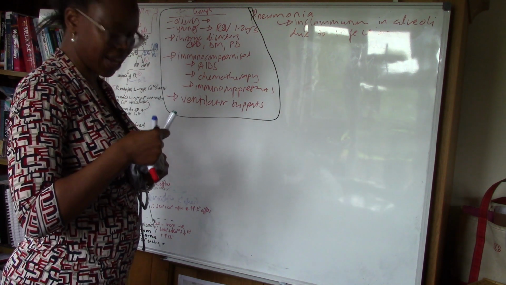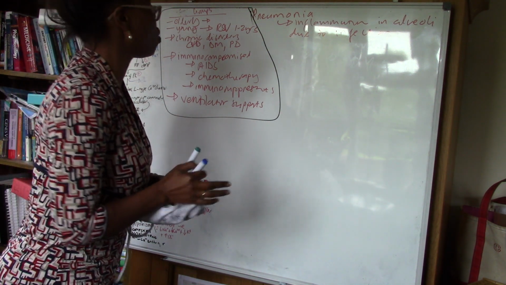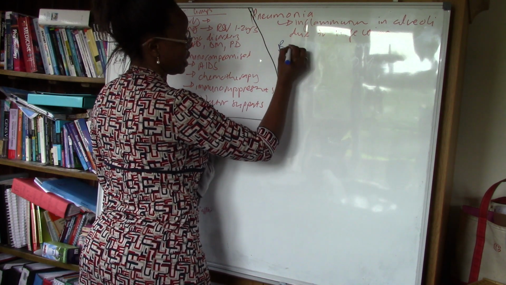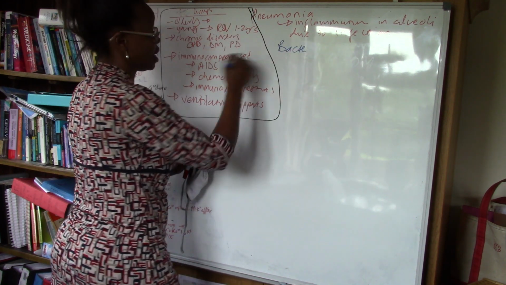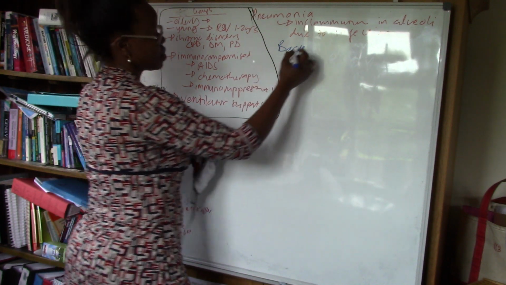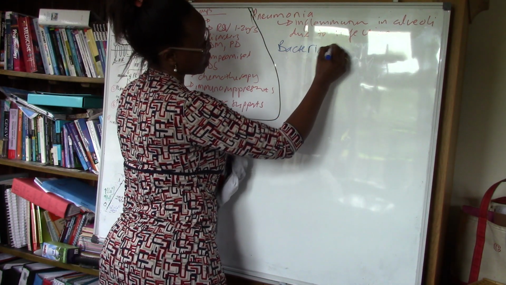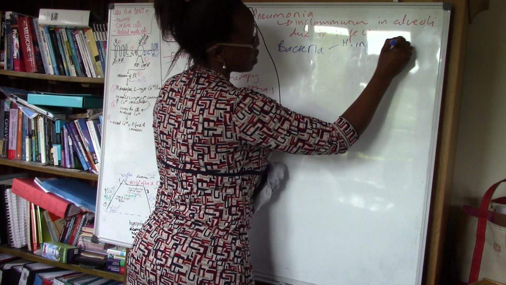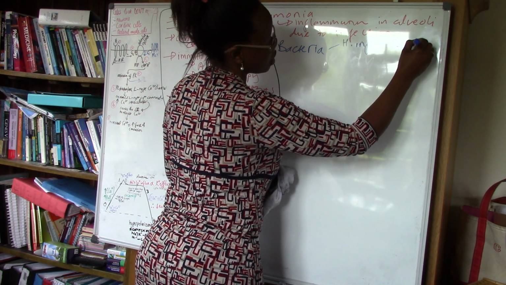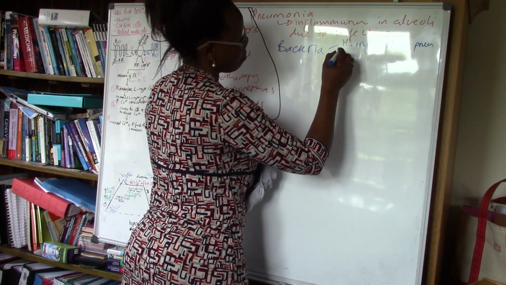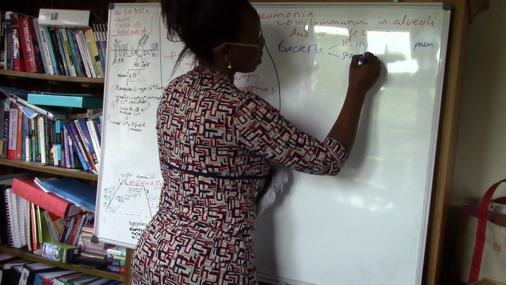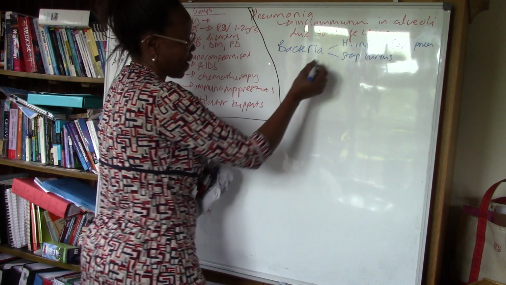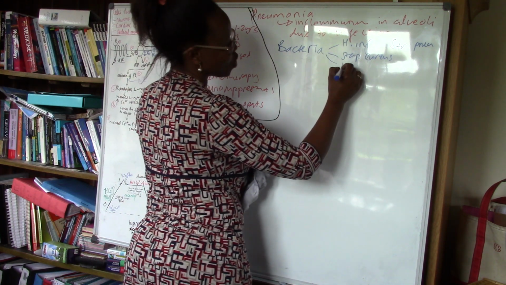So the causative agents that cause pneumonias can be, I'm going to do this very quickly because I feel as though I've done it when I was doing cystic fibrosis. Can be bacteria, including H. influenzae, Strep pneumoniae, Staph aureus, Pseudomonas.